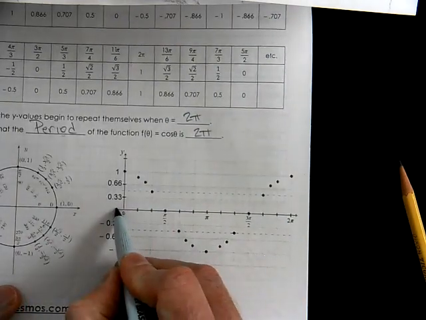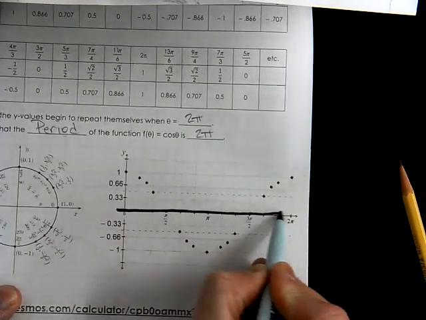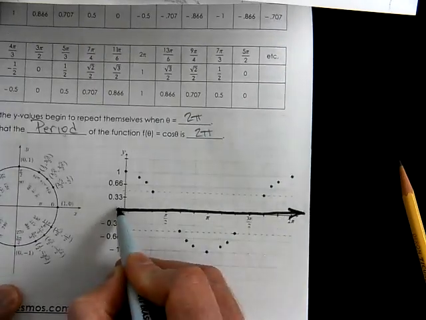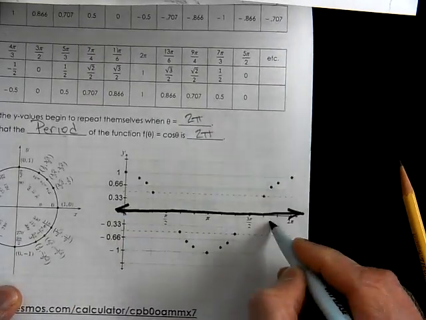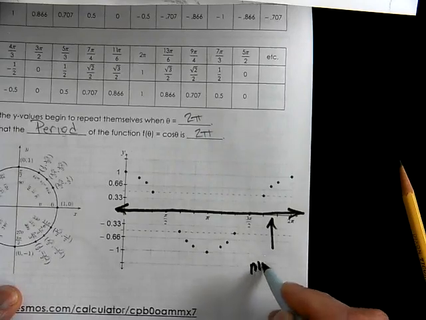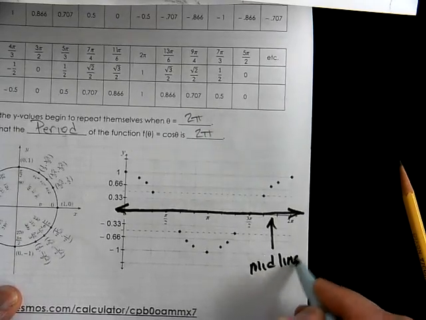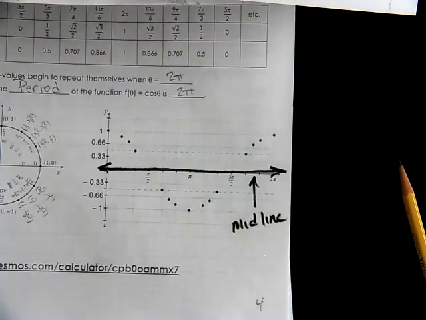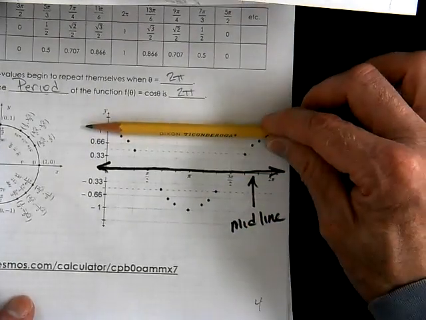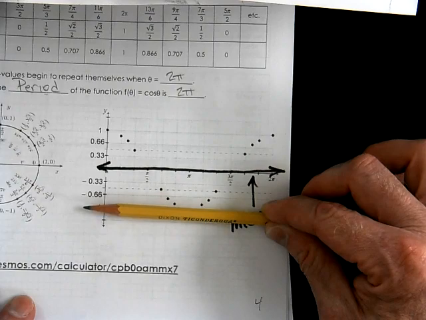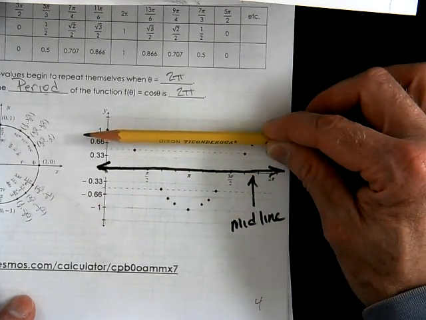I'm going to draw a dark line through here, and that is our midline. That midline is always going to be halfway between the minimum and the maximum.